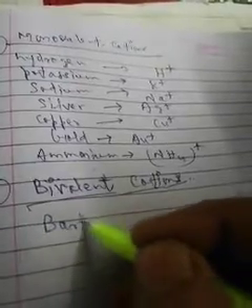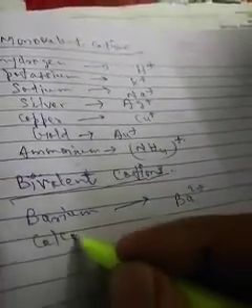From barium we obtain Ba2+. From calcium we obtain the divalent calcium ion, Ca2+.